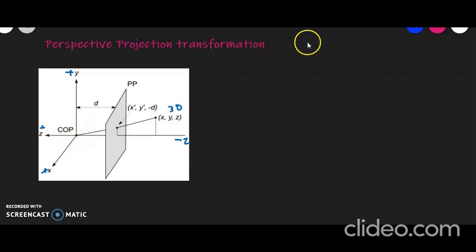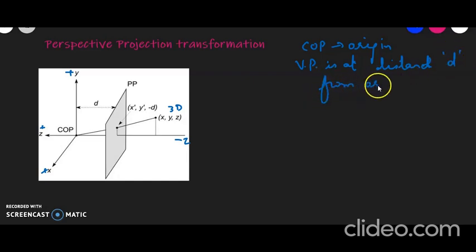So two things are given to me. One is the center of projection at the origin, and the second is the view plane, I'm writing it as VP, view plane, is at a distance d from the origin, right? So these two things are given to us.